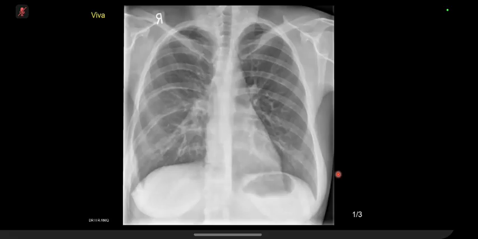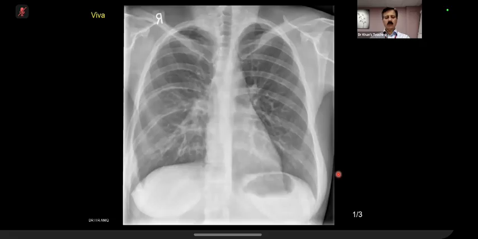I'm saying abnormality is not striking. There looks to be some cortical thickening of the inferior cortex of one of the ribs on the right. I think that's the... Excellent. More ribs? Right rib. Okay, conclusion.